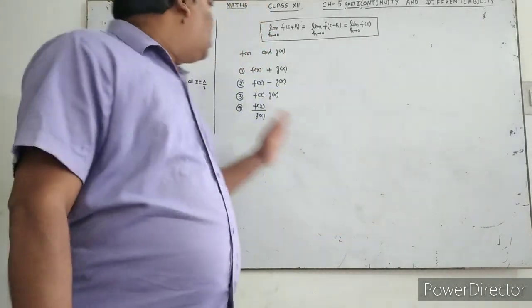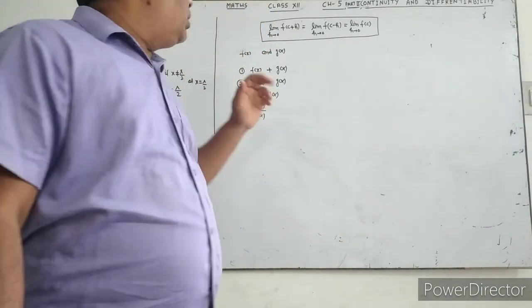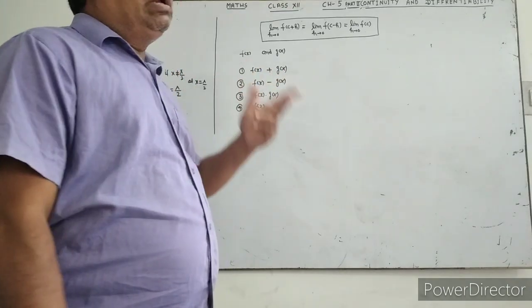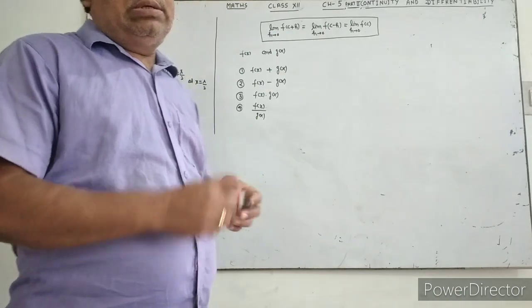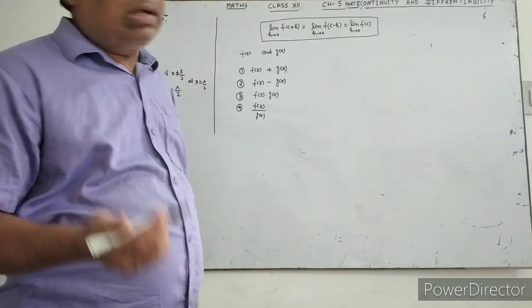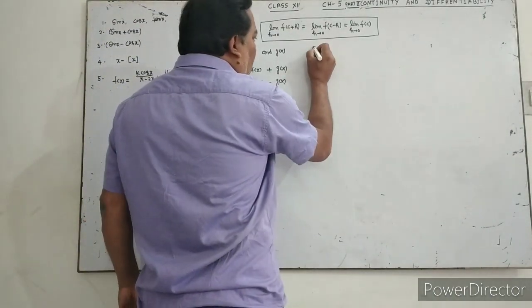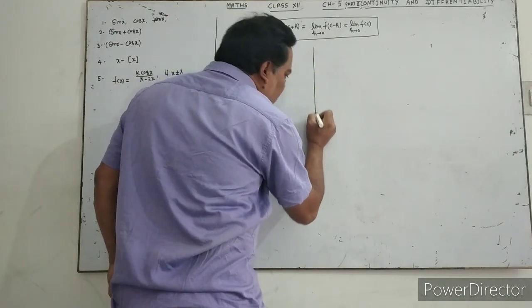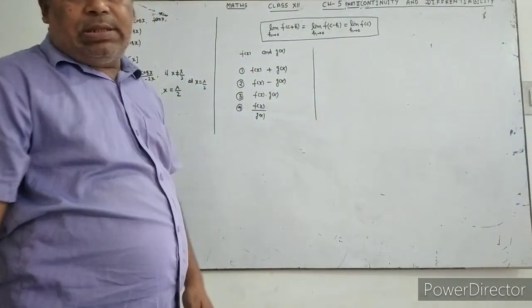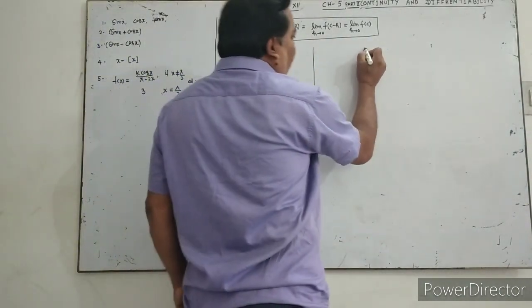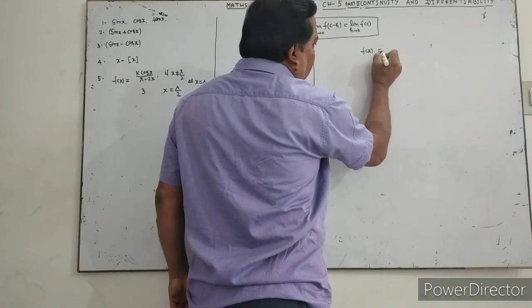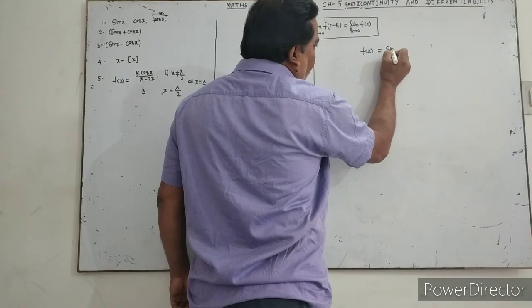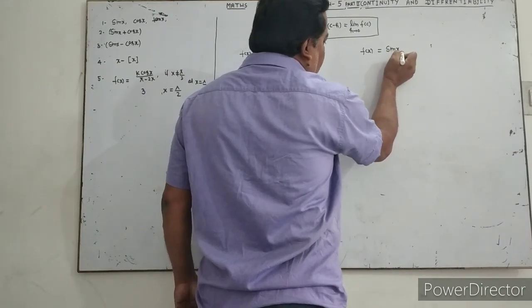Now, take the trigonometrical function sin x. I will prove that sin x is a continuous function. How can you prove that sin x is a continuous function? Let us consider f(x) equal to sin x.